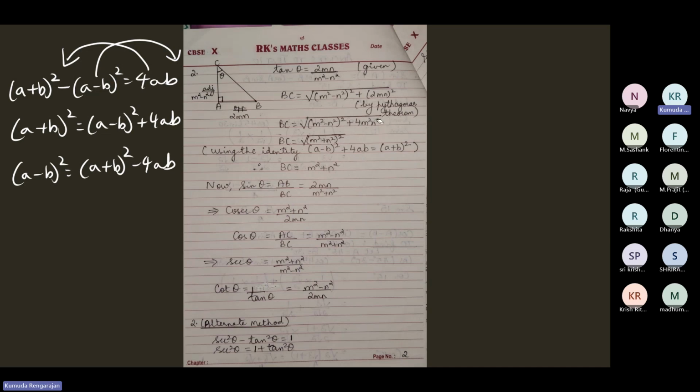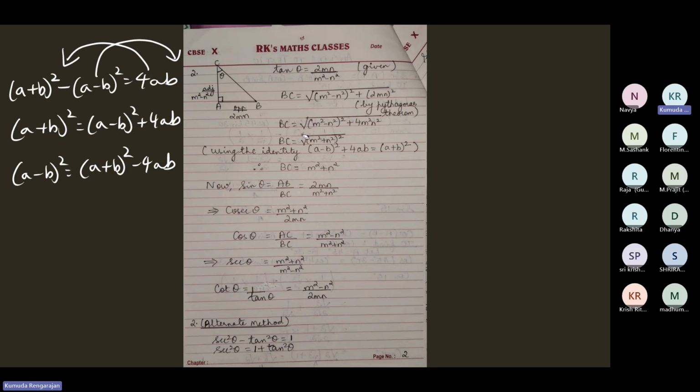A minus b whole square plus 4ab. A is m square, b is n square. See here, what is a minus b the whole square plus 4ab? It's a plus b the whole square, which means m square plus n square the whole square, all under the square root.